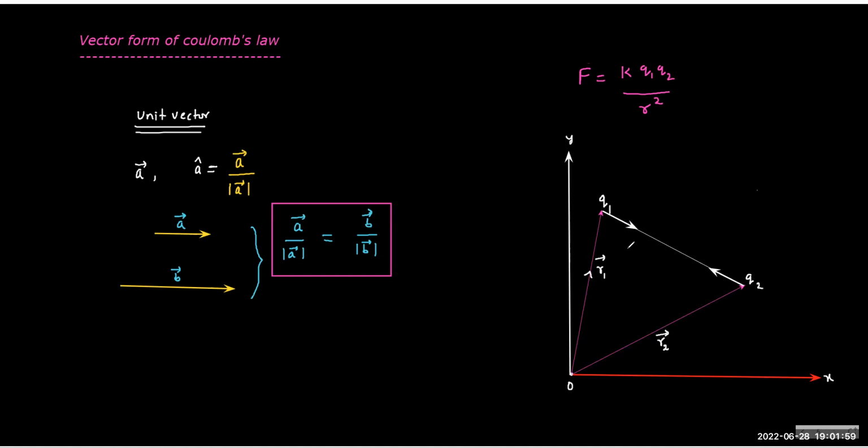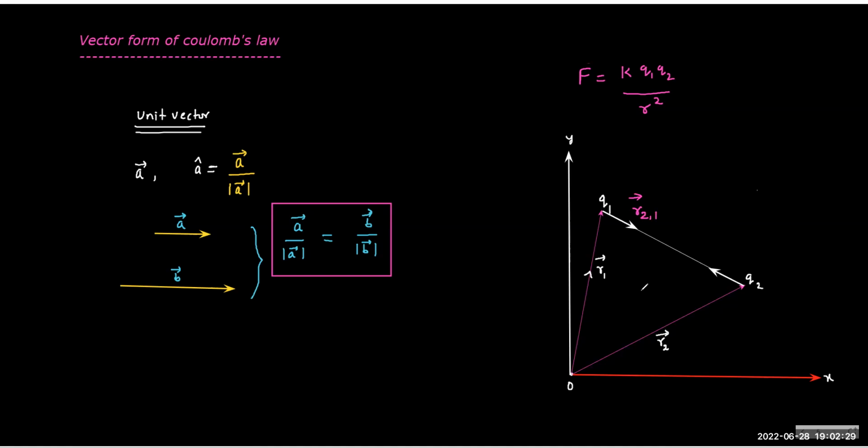How will Q1 point the finger? Towards Q2. And similarly, if you ask Q2, where is Q1? The finger will be pointed like this. So these arrows represent the position vector of 2 with respect to 1.